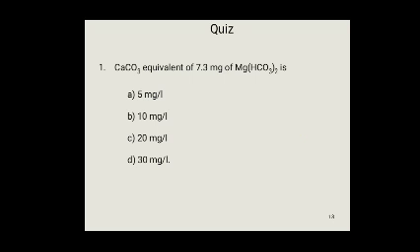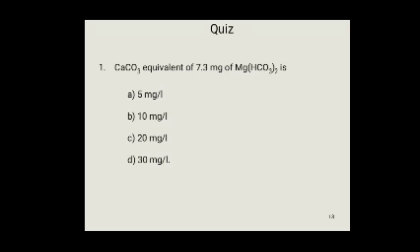Therefore, CaCO3 equivalent is equal to weight of salt by gram molecular weight of salt into 100. Given data, weight of salt of magnesium bicarbonate 7.3 milligram per liter. Gram molecular weight of magnesium bicarbonate: magnesium plus 2 hydrogen, 2 carbon, 6 oxygen.